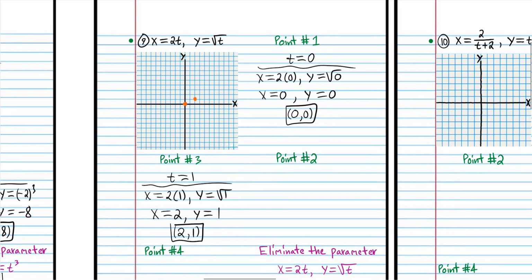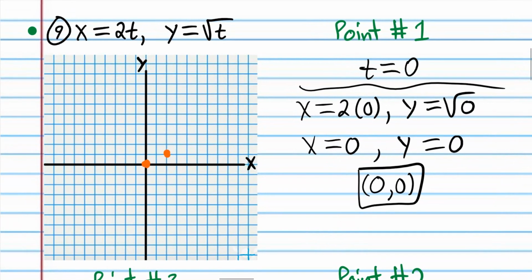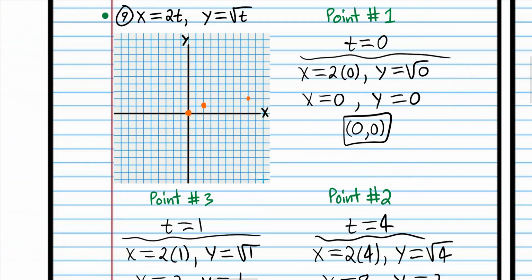And let's choose 4 for t. Again, you may choose different values. It's okay, as long as it fits on the window. So x is 8, y is 2. So 8, 2 is our next point. So 8, 2 is about there.